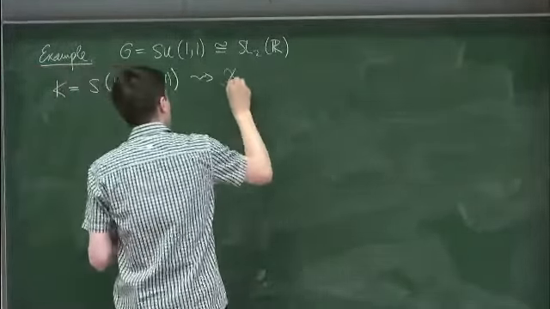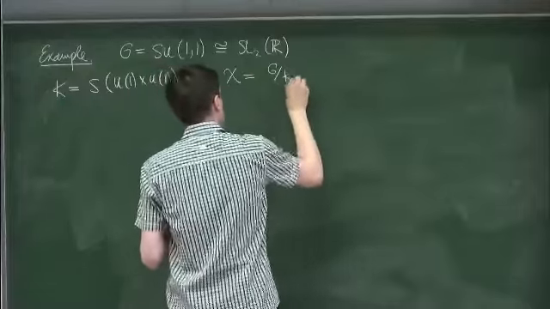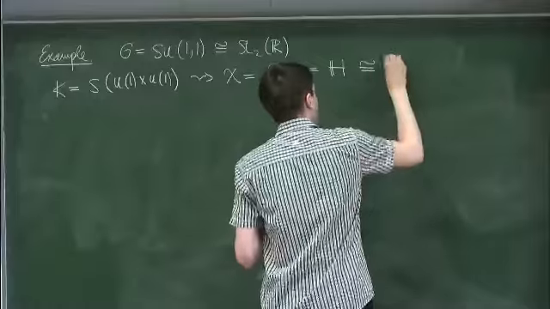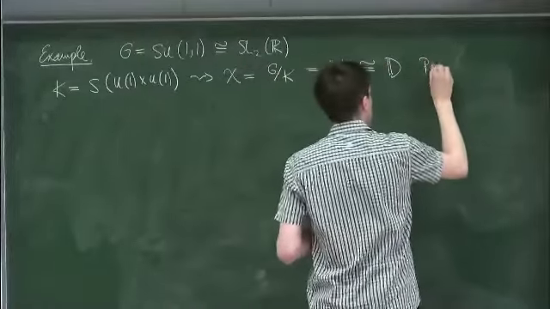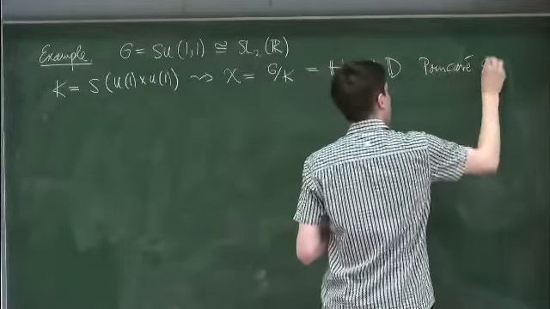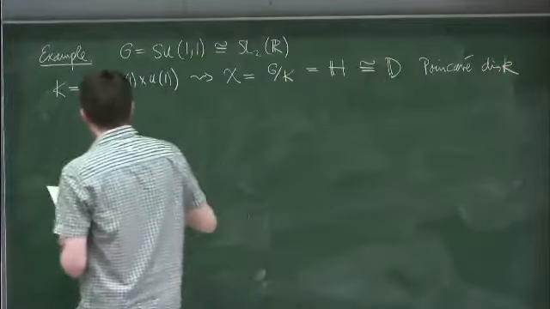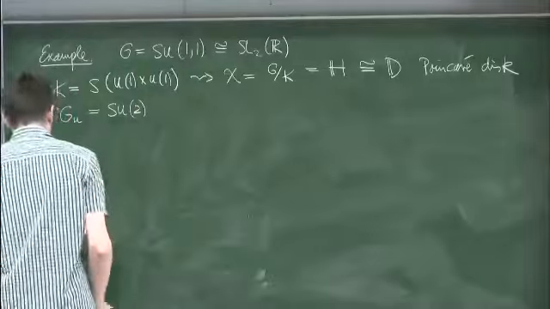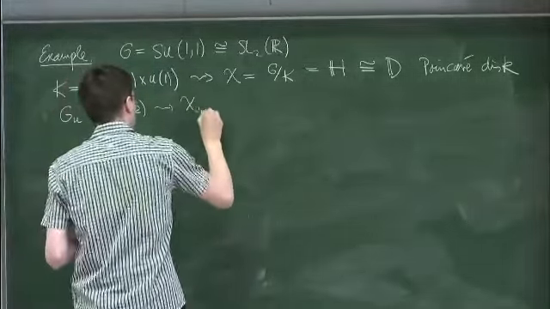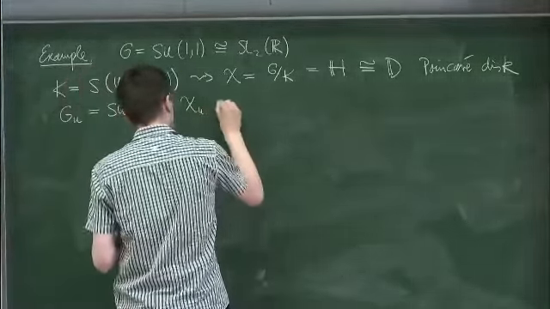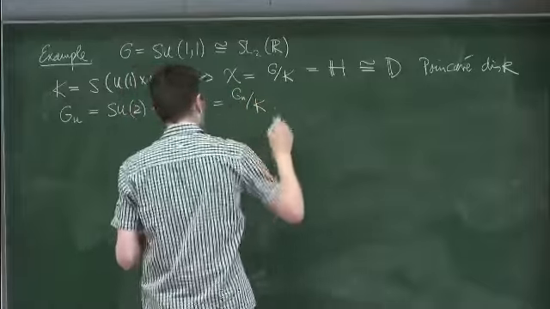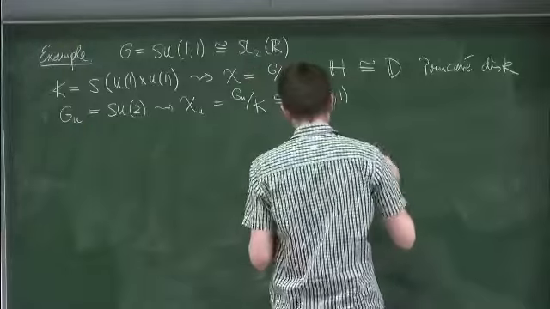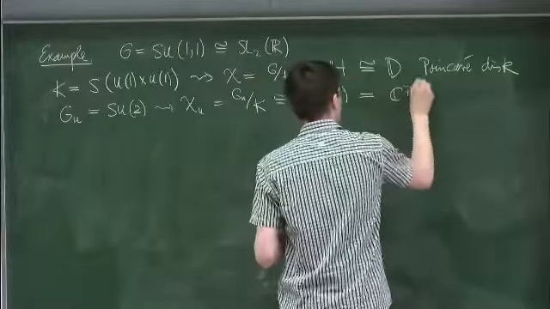The corresponding symmetric space is in this case the hyperbolic half plane, or for our purposes now, the Poincaré disk. And the compact dual in this case is SU(2). So the compact dual symmetric space turns out to be the Grassmannian of lines in C^2, which is CP^1.